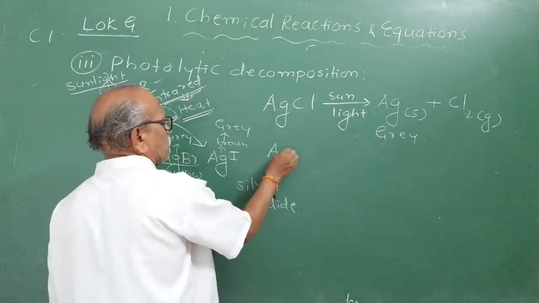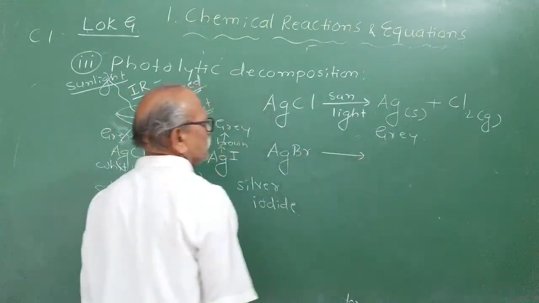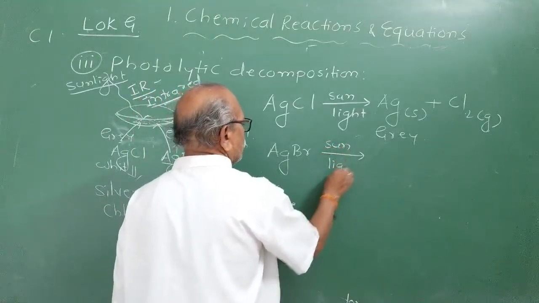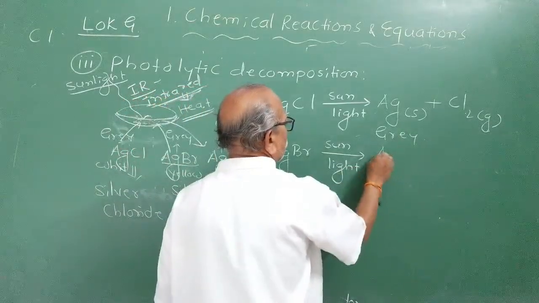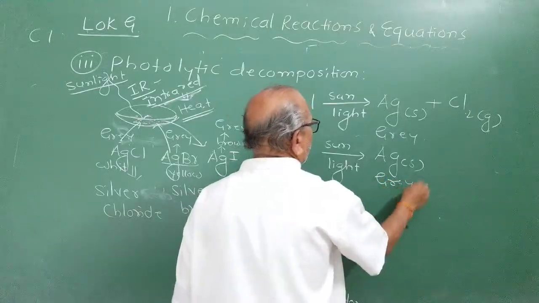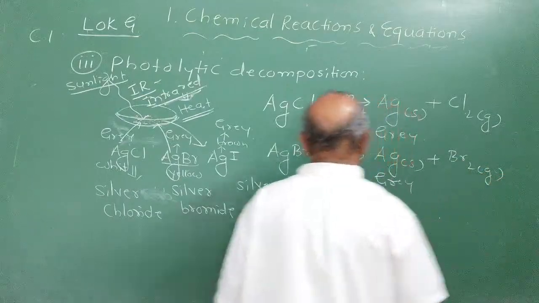Similarly, a reaction takes place with silver bromide. Silver bromide, when exposed to sunlight, also forms gray colored silver, liberating bromine gas. Br2 gas is liberated.